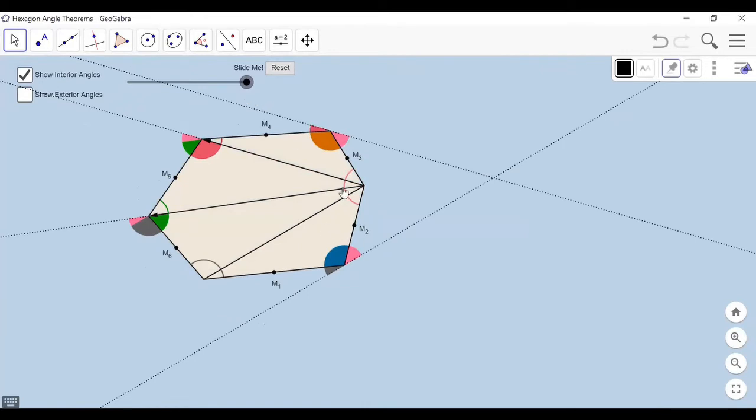So this hexagon has 6 sides, it means that it can form 4 triangles. We know that one triangle is 180, so for 4 triangles, we must multiply 180 by 4, and we will get 720 degrees. I wish that from the observation here, you can at least learn something and visualize it.